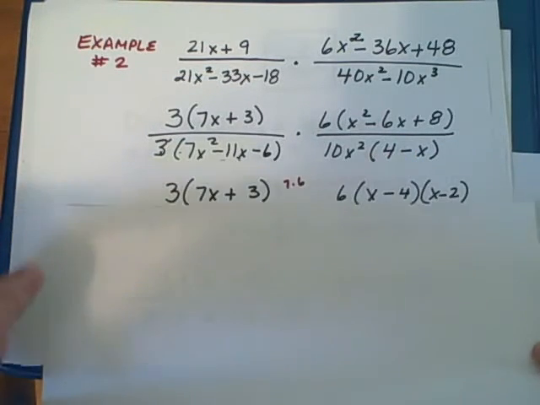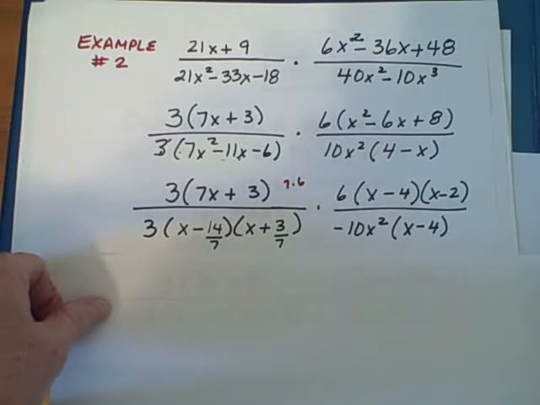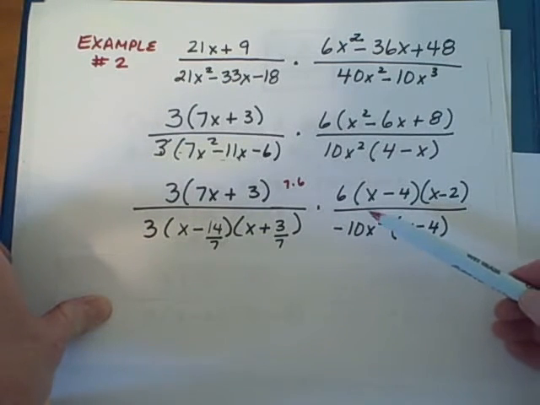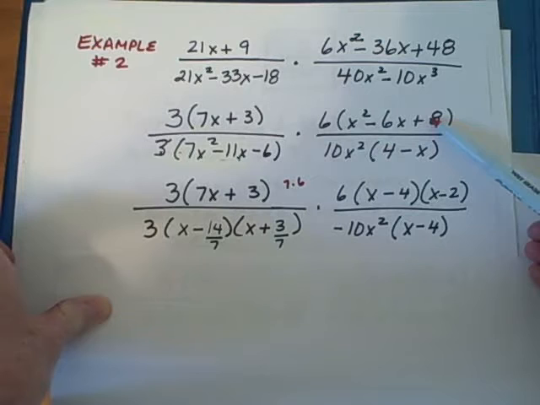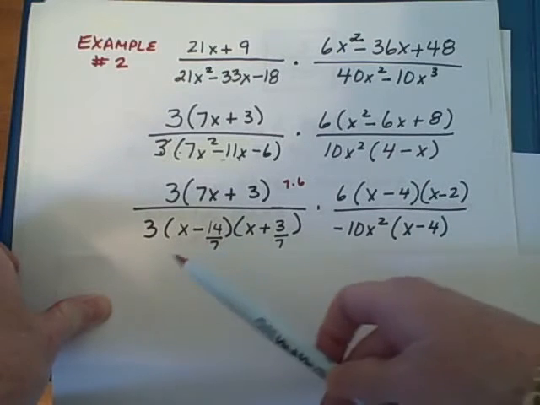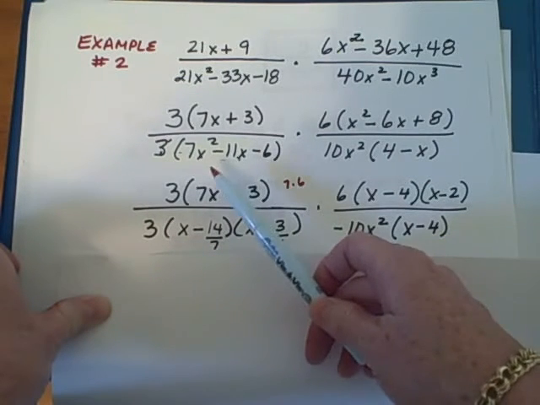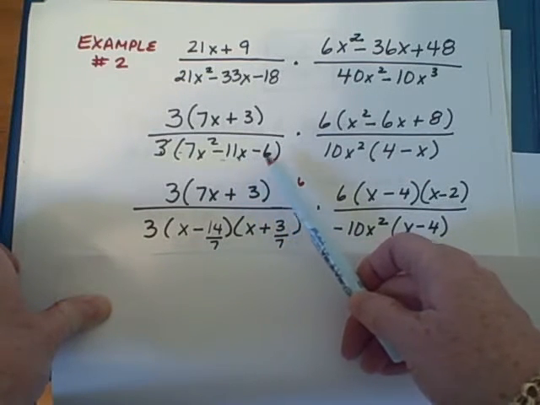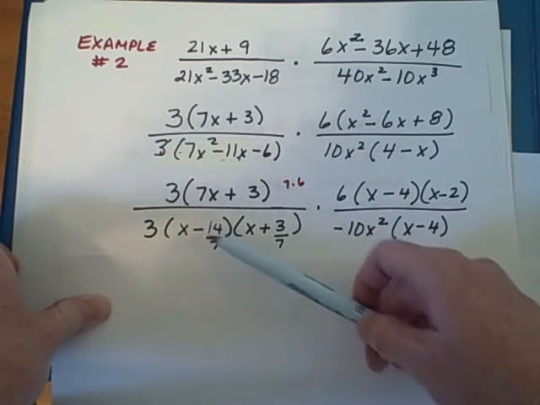We can factor further, giving us, here, we factor x squared minus 6x plus 8 into 6 times x minus 4 times x minus 2. And in this side, we factored 7x squared minus 11x minus 6 using bottoms up.